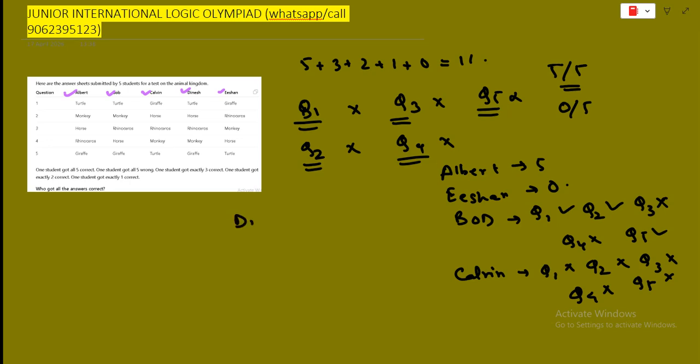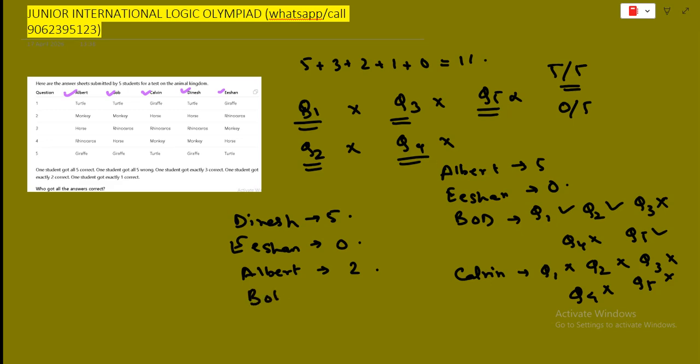So Dinesh got 5. Ishan: giraffe no, rhino no, monkey no, horse no, turtle no. So 0. Albert: turtle yes, monkey no, horse no, rhino no, giraffe yes. So this is 2.